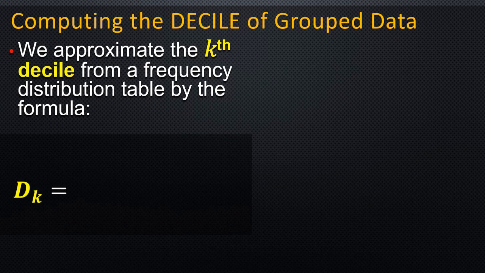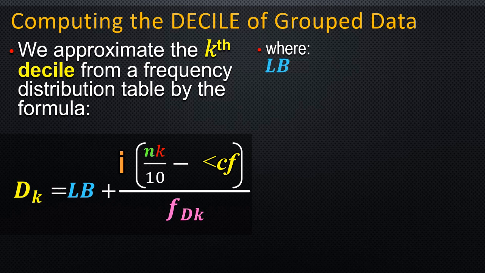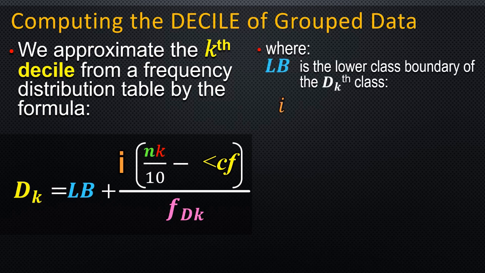We approximate the kth decile from a frequency distribution table by the formula D sub k is equal to LB plus I times the quantity of nk over 10 minus less than CF all over the frequency of decile class. Again, let us take a look at the given.